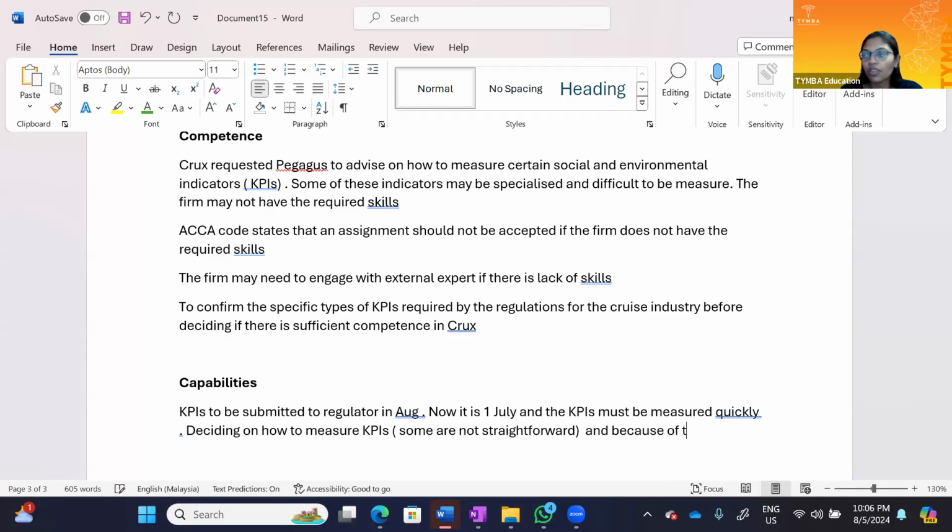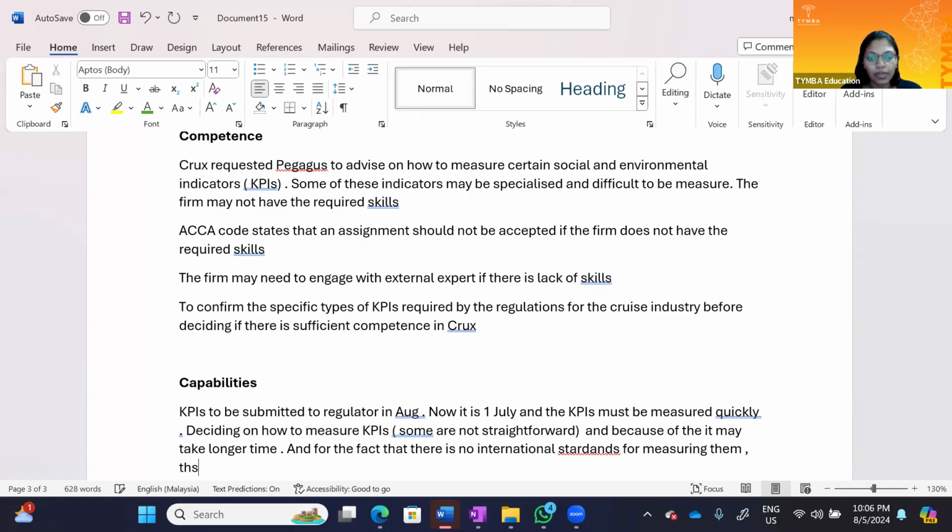And because of that, it may take a longer time, and for the fact that there is no international standard for measuring them.